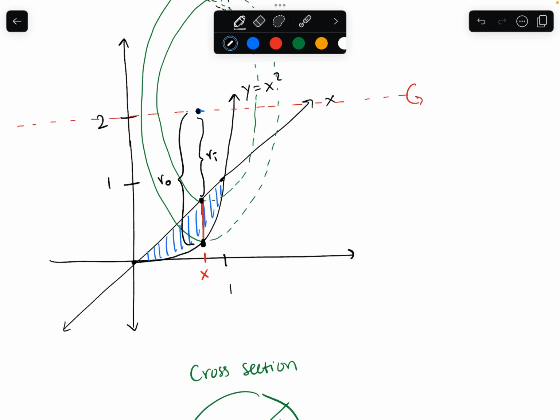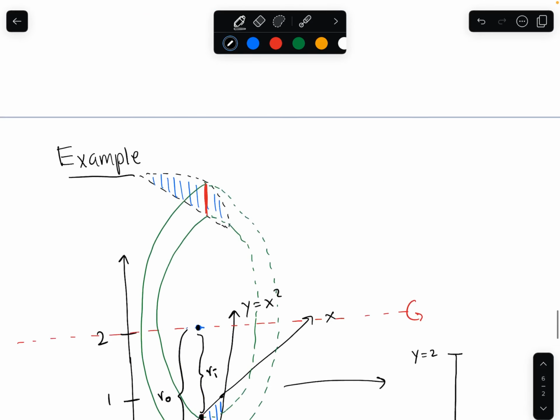Okay? And so now if I extract out some parts of this picture to make it a little less cluttered, we have the line y equals 0 here, y equals 2 here, and this is at the point x. Now up here, let's be consistent with what I had before.